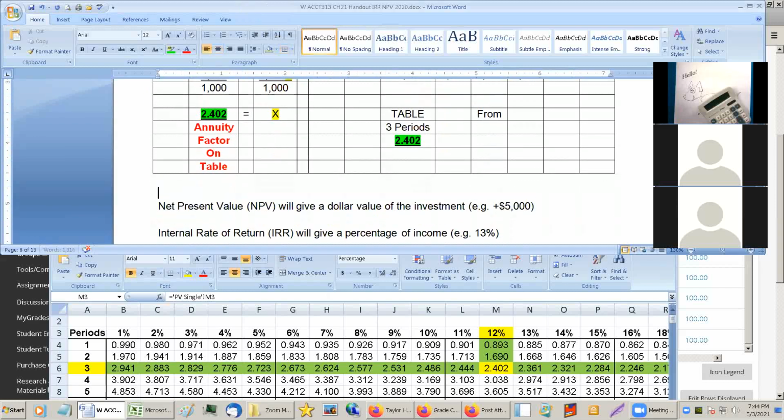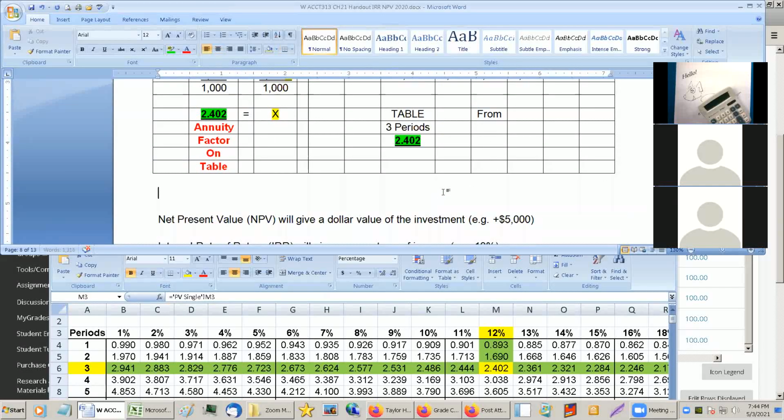I'm going to do it down here. And so this will be the internal rate of return.